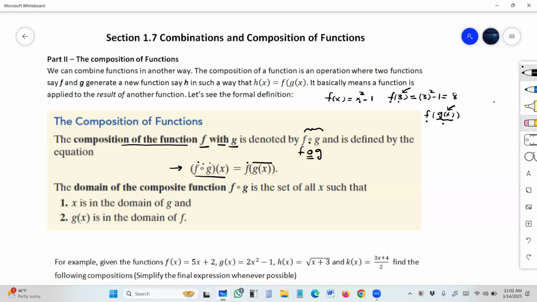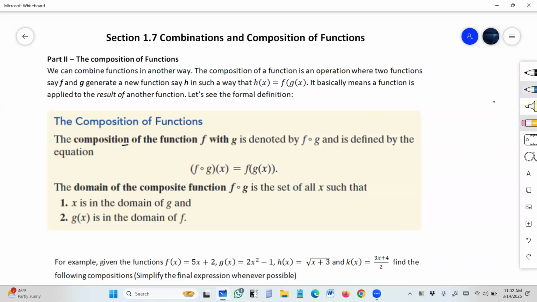Now we can form any composition that we want. We can say f compose g, as you saw right here. We can say f compose f. That would be f evaluated at f of x. We can do g compose g, which would be g evaluated at g of x.